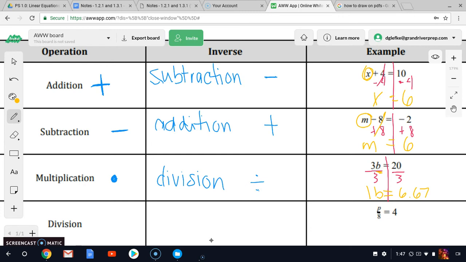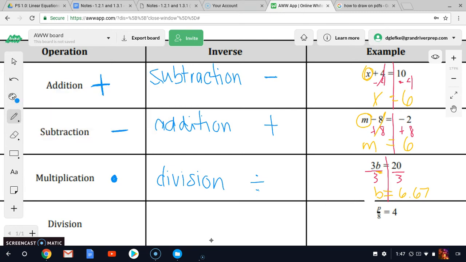Now, I don't necessarily need the 1 in front of our variable b. That just tells me I have one of them. But if I look at the m right above it, I only have one m there. So I can erase this one if I want to. Okay, I don't need that there.